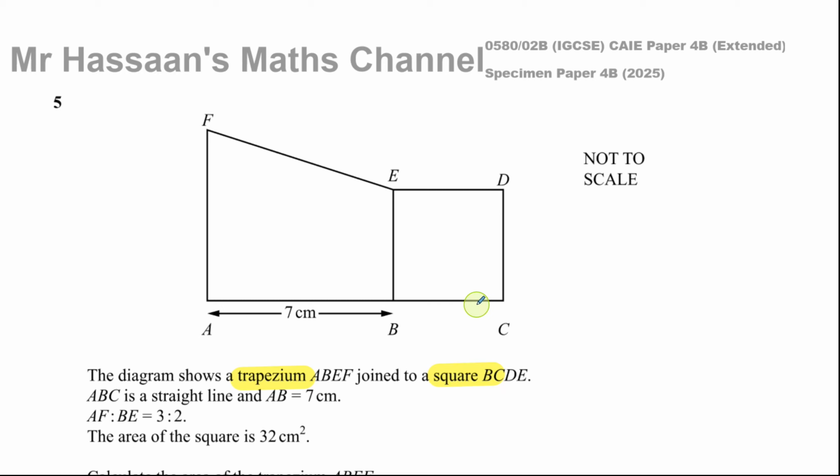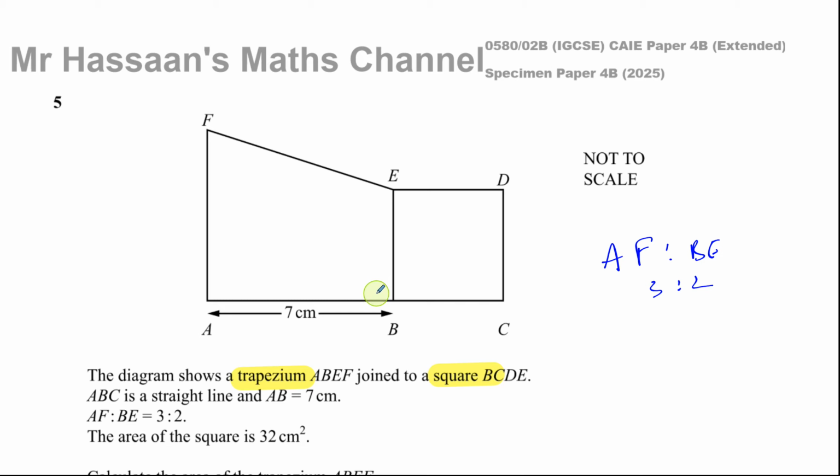ABC is a straight line and AB equals 7 centimeters as shown. The ratio of AF to BE is 3 to 2.